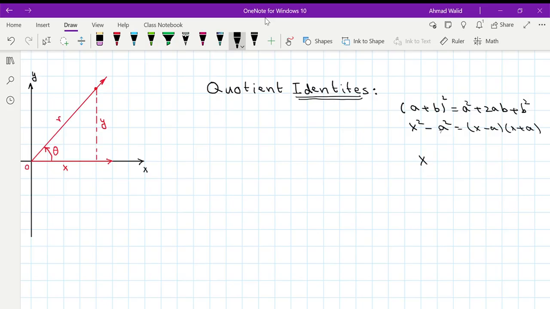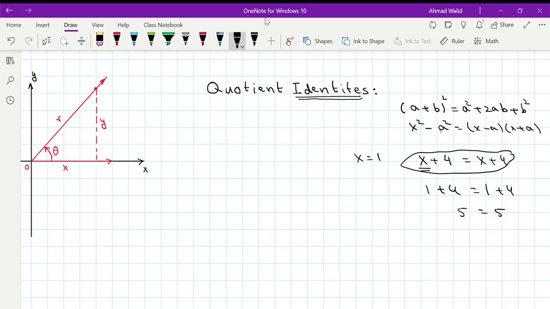For example, let's say the easy one, x plus 4 equals x plus 4. For any value of x that I choose, from negative infinity to positive infinity, for example if I choose x equal to 1, and plug in 1 on this side and on the other side, both sides become equal to each other. That's why we call such an equation an identity, correct?